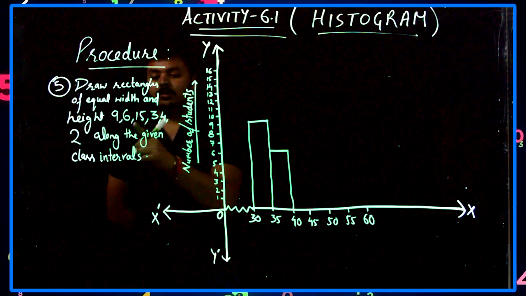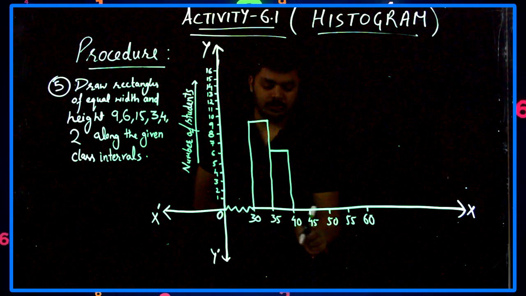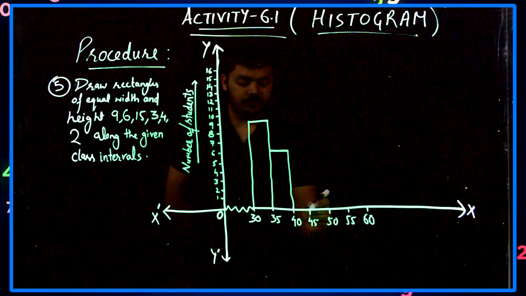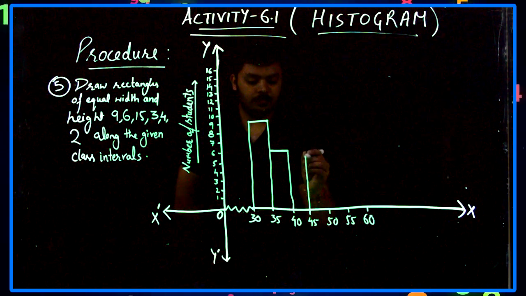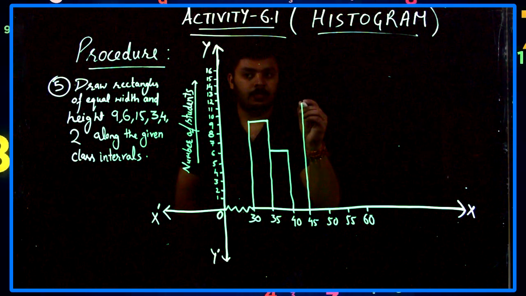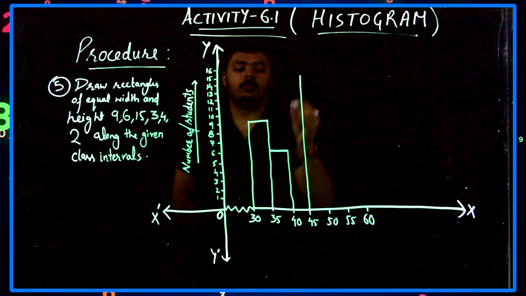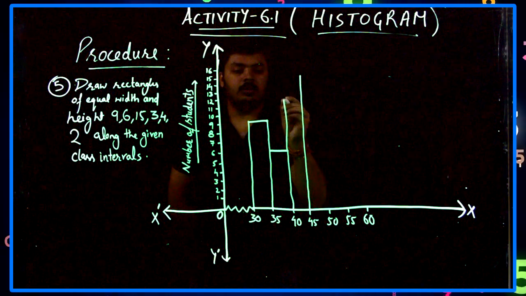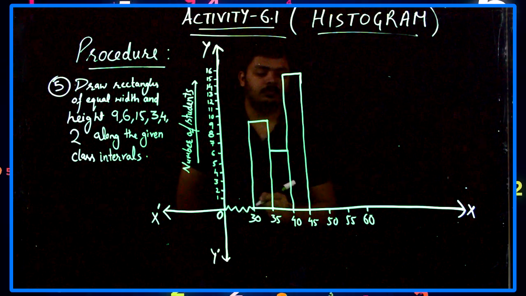Now next, the frequency is 15 under the class 40 to 45. So draw a line from 45 up till 15. Similarly, extend this line from 40 till 15 and join the two.